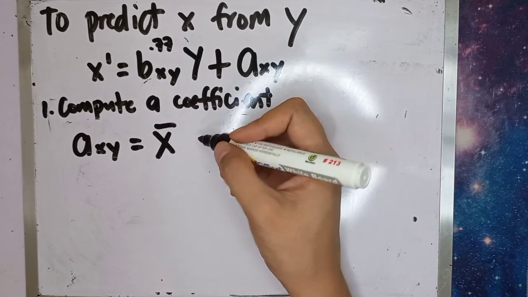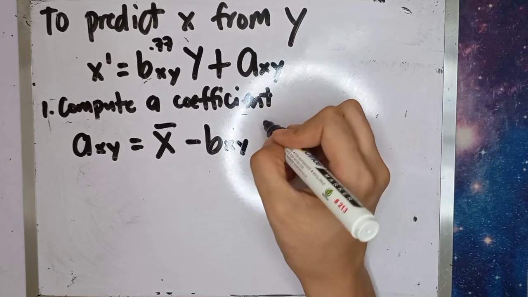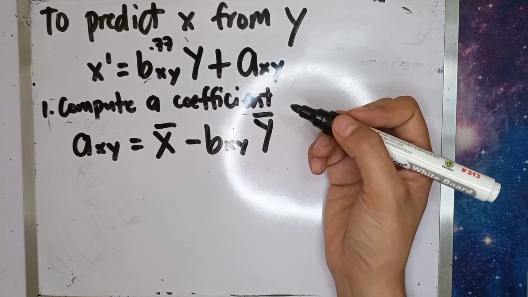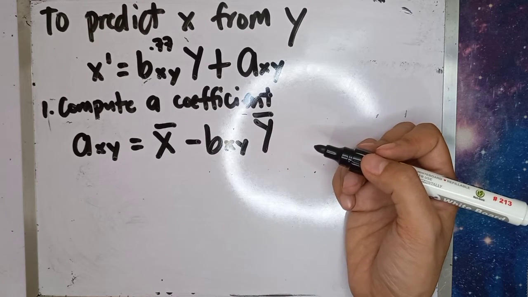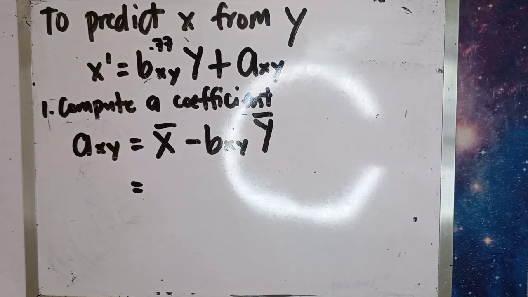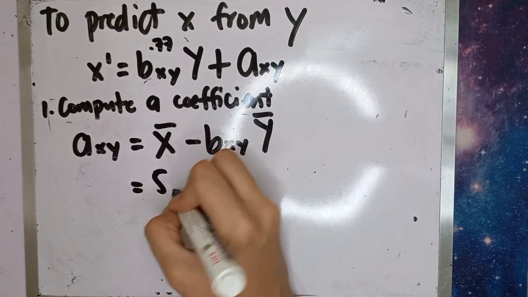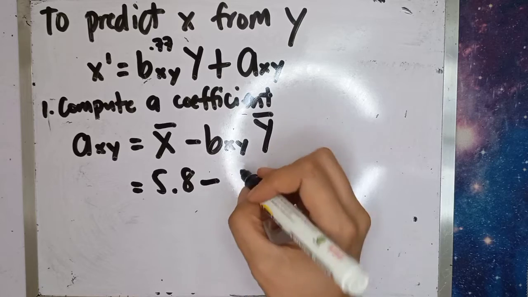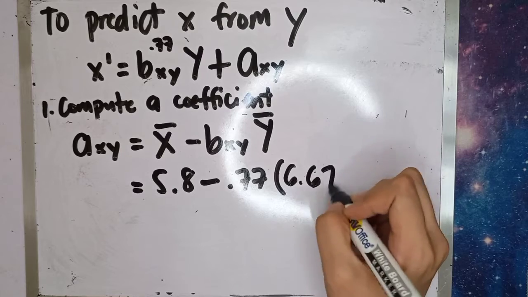Mean ng X minus yung b coefficient, tapos mean ng Y. Parang pinagbaliktad lang yung kanina, di ba, sa formula ng a coefficient doon sa predict Y from X. Substitute natin: mean ng X, 5.8, minus ang b coefficient natin ay 0.77, times ang mean natin ng Y ay 6.67.